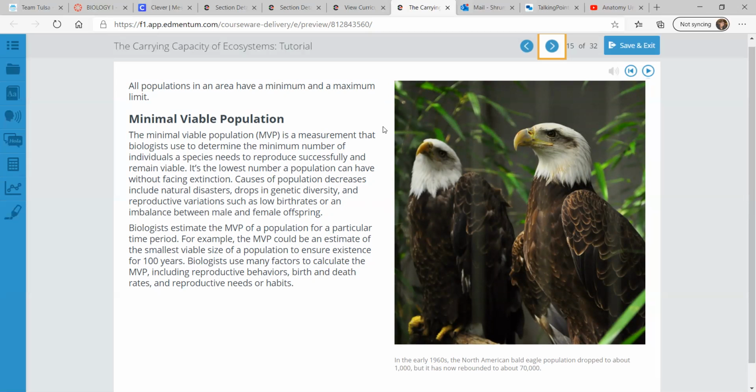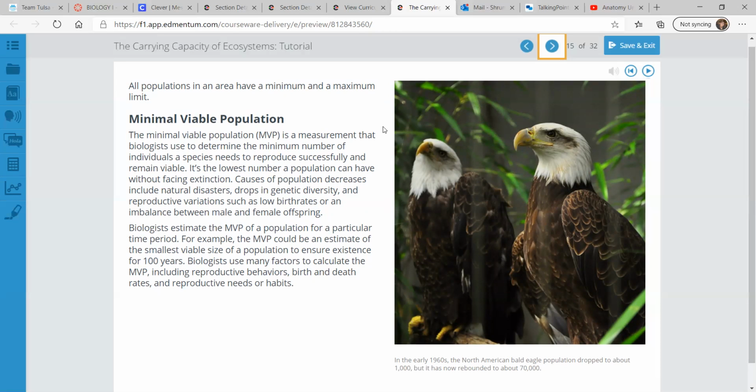Their birth rate is so low and they're not reproducing at a rate high enough for them to repopulate. They're kind of in a stagnant, stalling number right now.